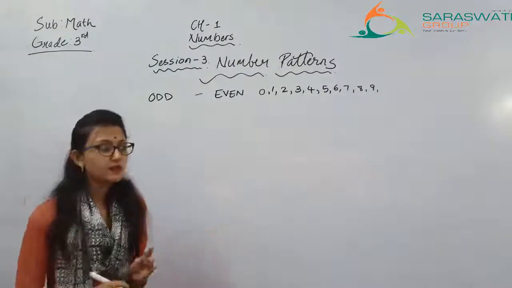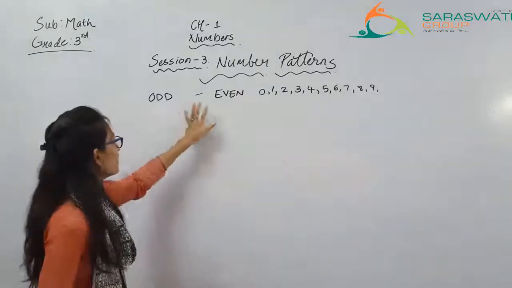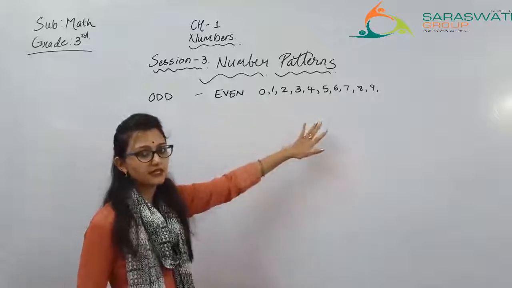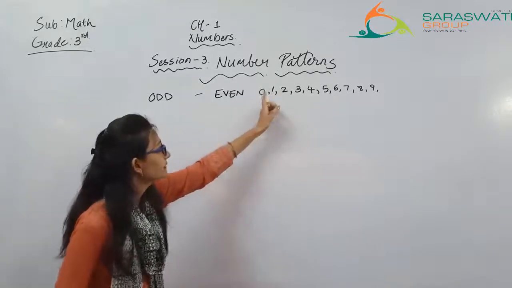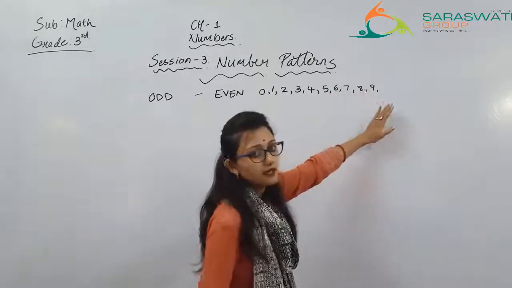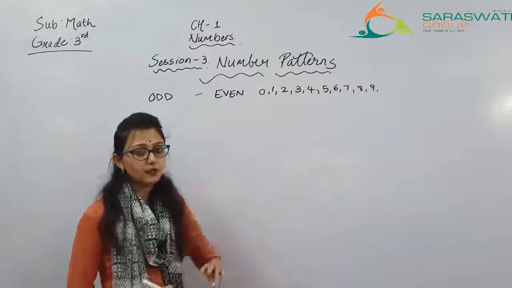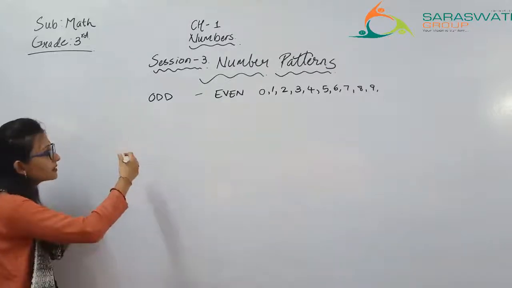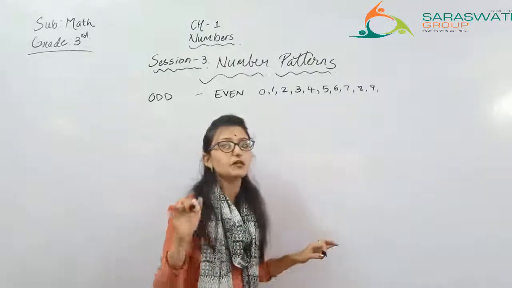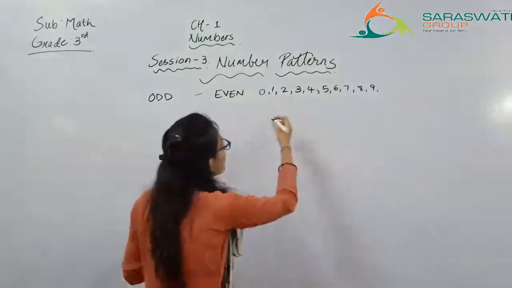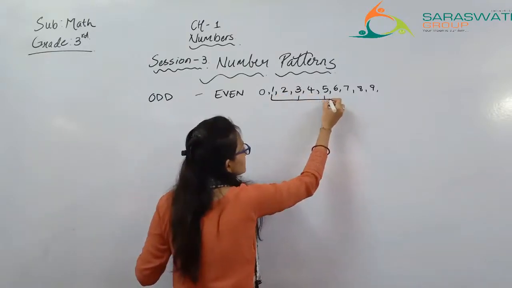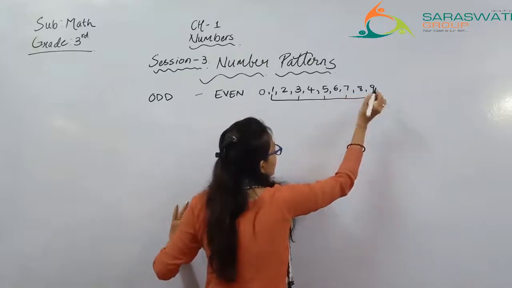Patterns. Number patterns. There are two main types of numbers: odd numbers and even numbers. Which are the basic numbers? 0, 1, 2, 3, 4, 5, 6, 7, 8 and 9. These are the basic numbers. What is an odd number? An odd number means a number which is not divisible by 2. So odd numbers are 1, 3, 5, 7 and 9.